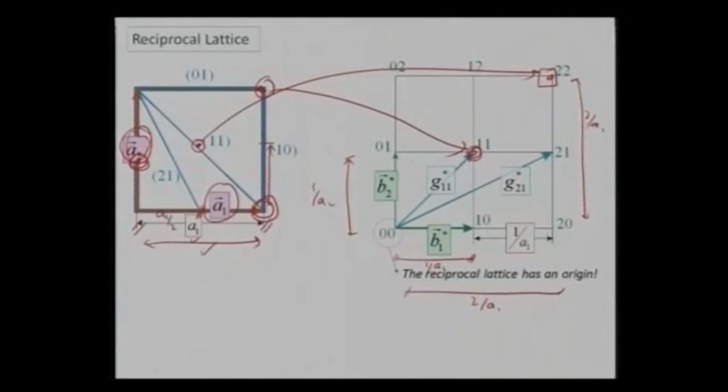One more condition to be noticed is that my new B1 vector is perpendicular to my A2 vector. So my reciprocal lattice vector B1 is perpendicular to my A2 vector, and my B2 vector is perpendicular to A1 vector. So my reciprocal lattice has unit vectors which are perpendicular to my real space lattice vectors.